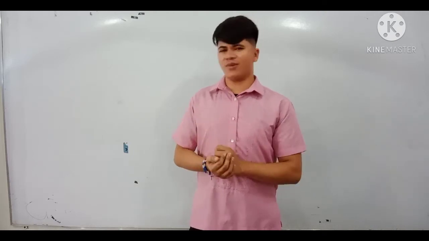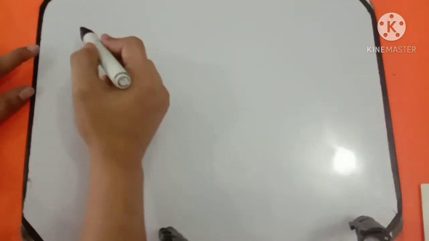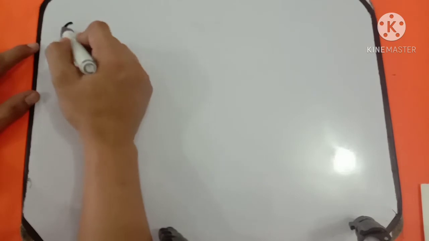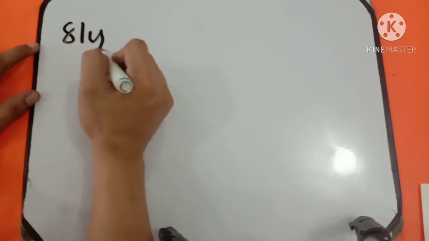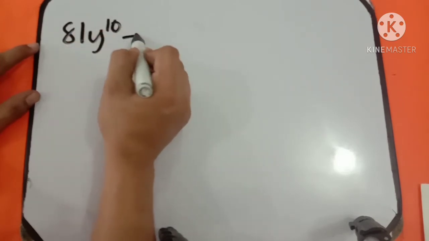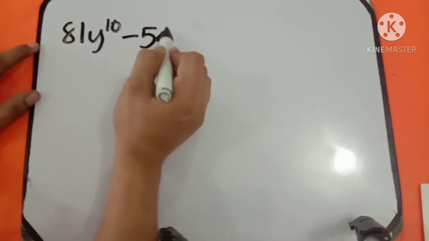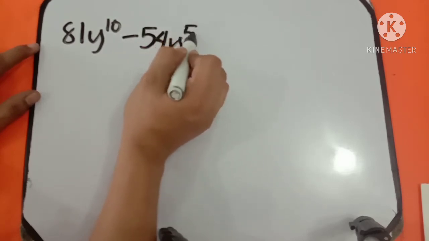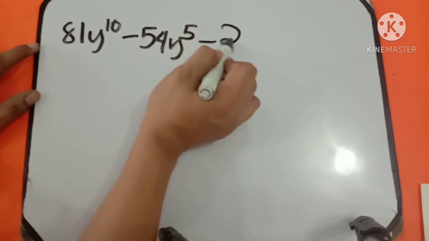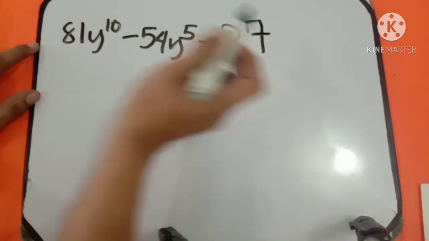Let's try this example. Let's say we have 81 y raised to 10 minus 54 y raised to 5 minus 27.